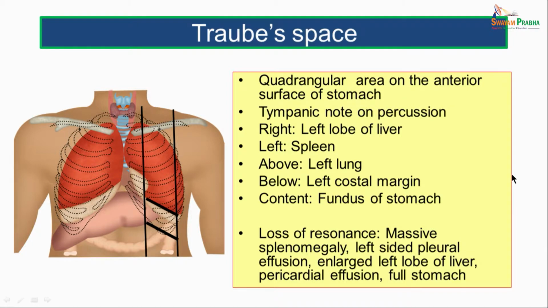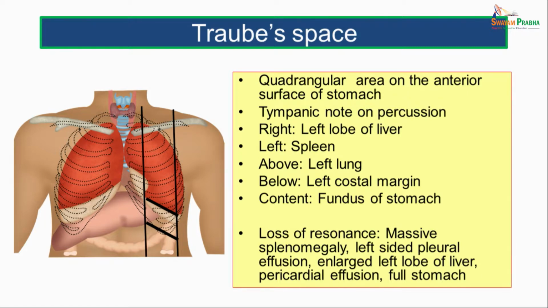Moving on, let us now see what is the Traub's space. The Traub's space is a quadrangular area which is seen on the anterior surface of the stomach. On percussion, we get a tympanic note in this area. Now, what are the boundaries of this Traub's space?